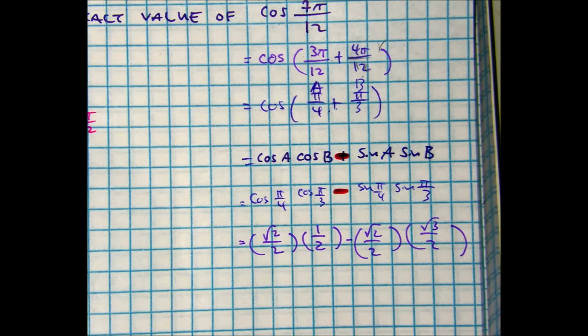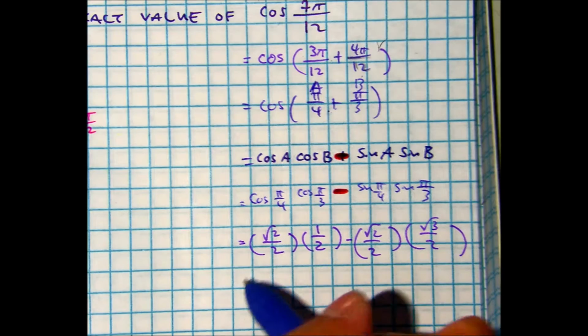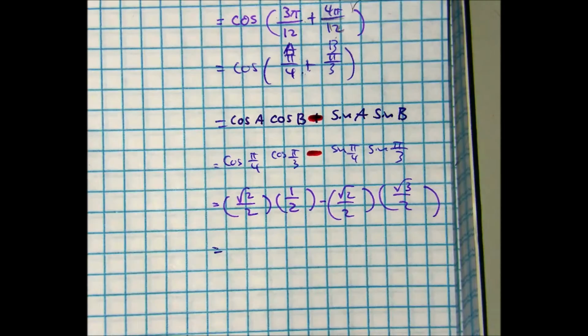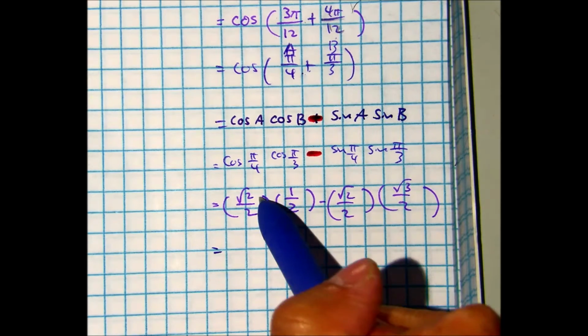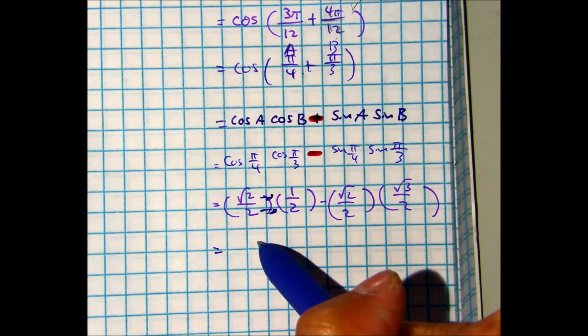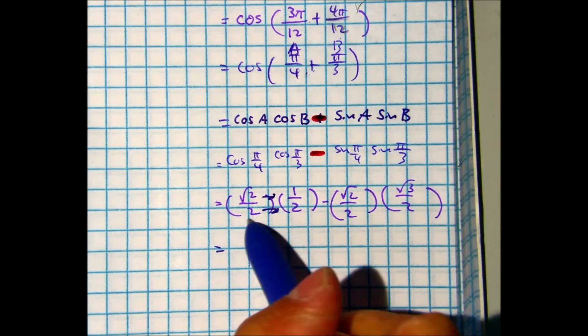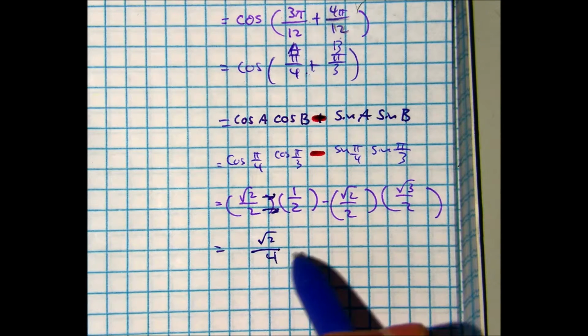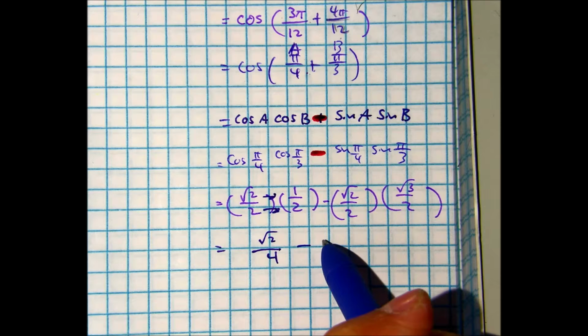And then we just need to simplify here. Vincent, help us simplify. Did you see a multiply across, Vincent? Radical 2 over 4 minus radical 6 over 4.